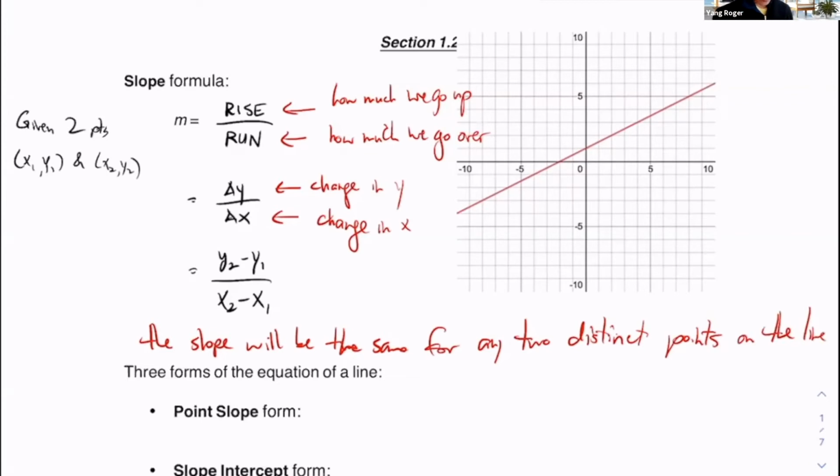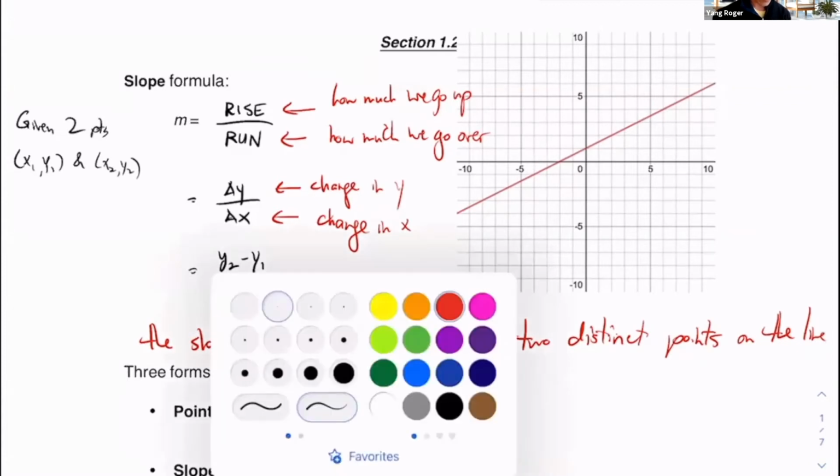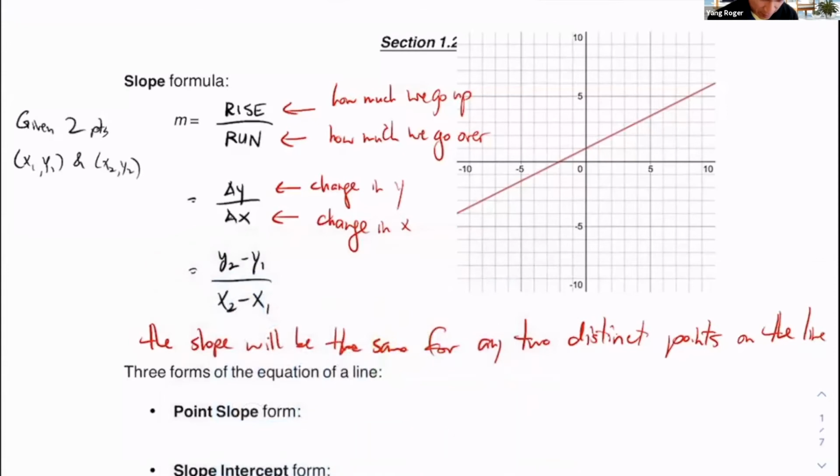Let's pick a couple points. Does anyone have a good point they want to pick? To me, it looks like the point 9, 5 is right here. What's another good point here? 0, 1 looks pretty good. So then we could just calculate the slope there. The number one way that students mess up calculating the slope is they switch the order of the points partway through.